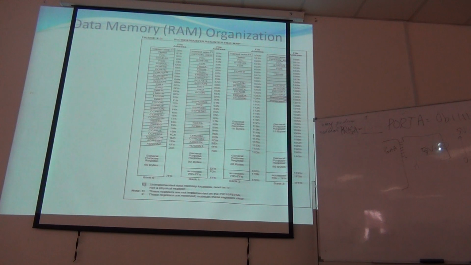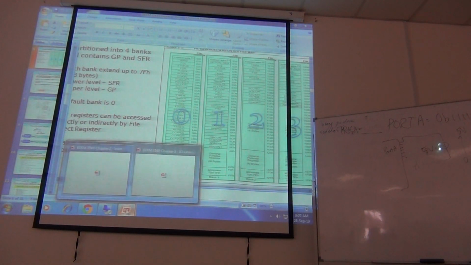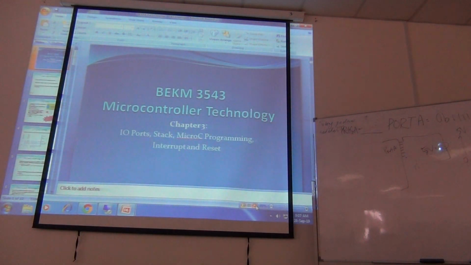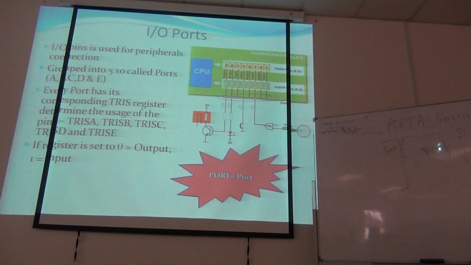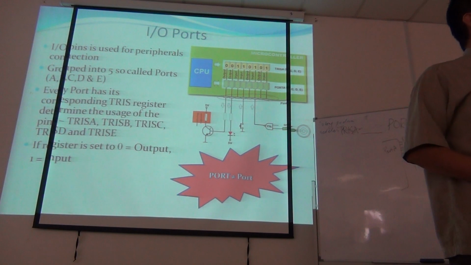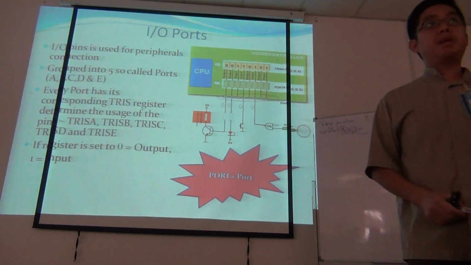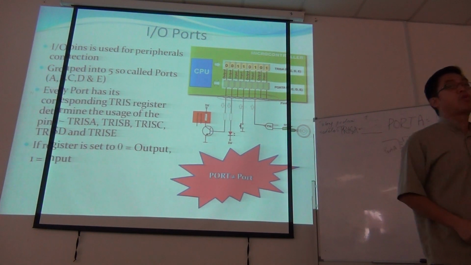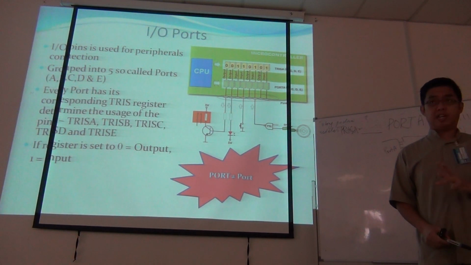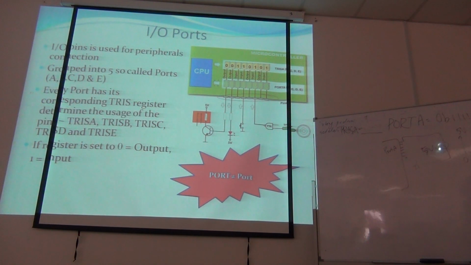Okay, so I repeat again in this chapter. What does it mean for I/O ports? I/O ports are all those ports: port A, port B, port C, port D and port E. We call them I/O ports, input output ports. Now all these ports can be used to connect to peripherals.